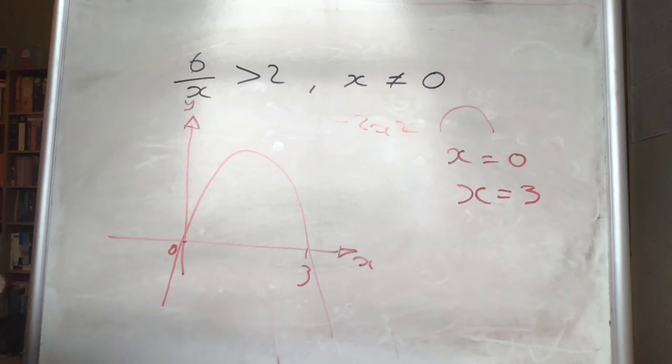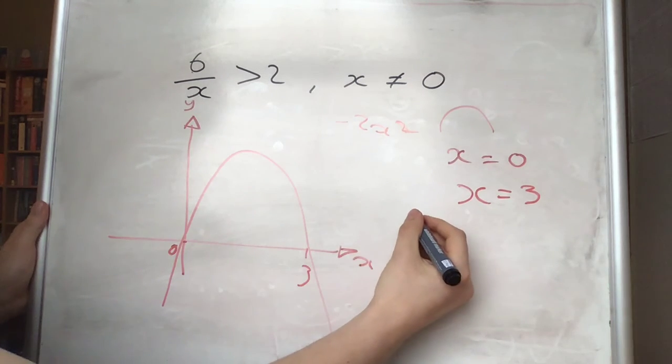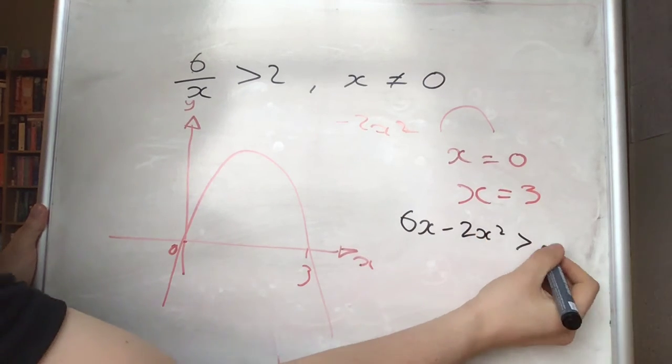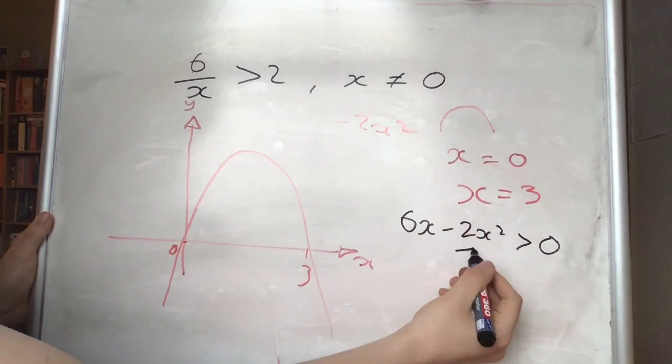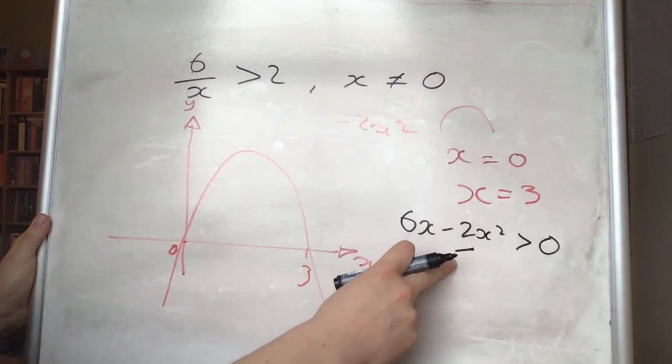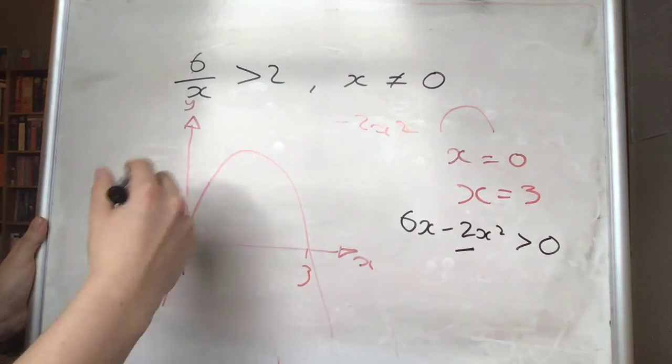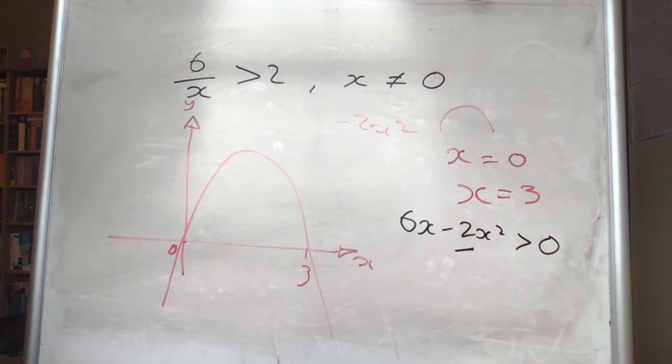I'm just going to write out what we had before. The expression was 6x minus 2x squared is greater than 0. As you can see, our coefficient of x squared is negative, so it's going to have this n-shape. And we're looking for the regions in which it is greater than 0.